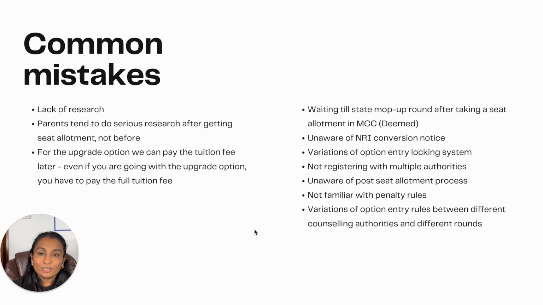Along with that, each option entry round has different rules, regulations and guidelines. So it's very important that you know what happens in round 1, what happens from round 1 to round 2, what happens from round 2 to round 3. Do not get confused, because each counseling authority has its own rules and regulations. So before you participate, before you exercise choices, make sure that you're well aware of the round 1, round 2 and mop-up rules and regulations.